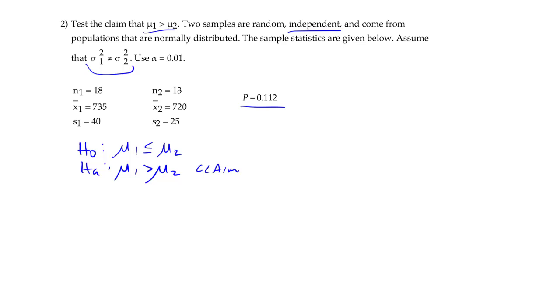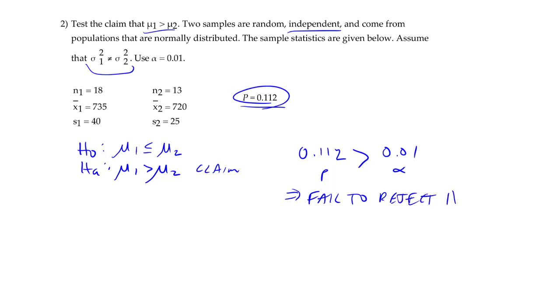So let's look at our p-value. 0.112 compared to our 0.01. There's your p and your alpha. Definitely p bigger than alpha. So again, we're going to fail to reject H0. But this time it's a little different because the claim is in the alternative.